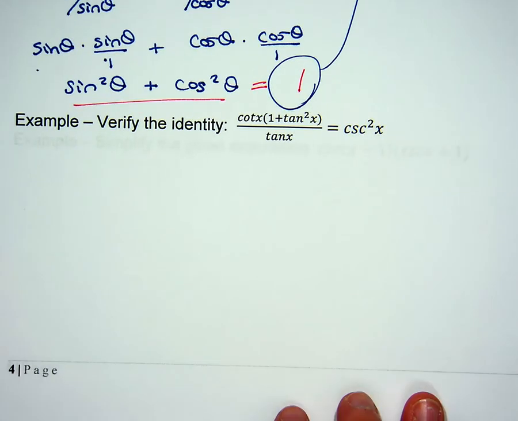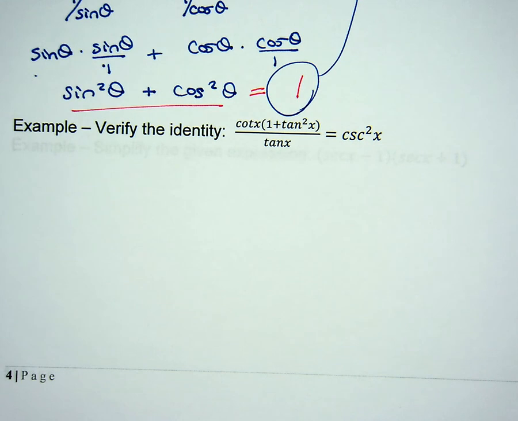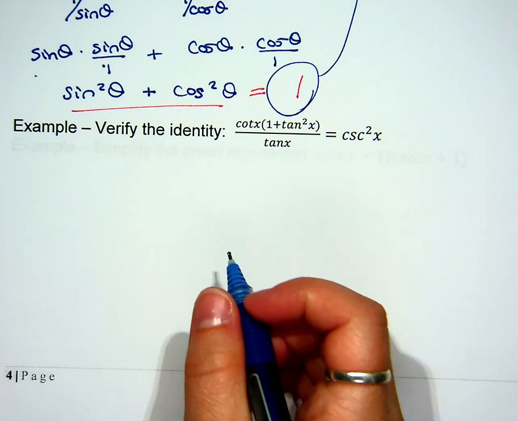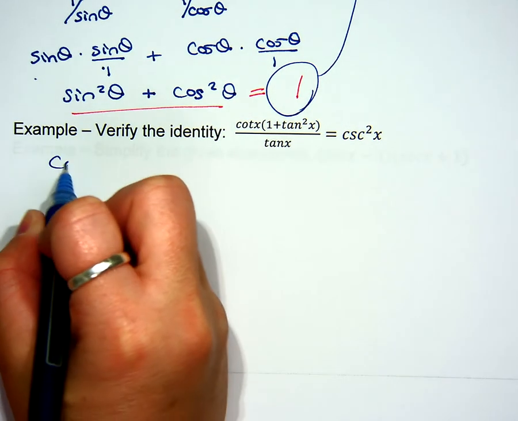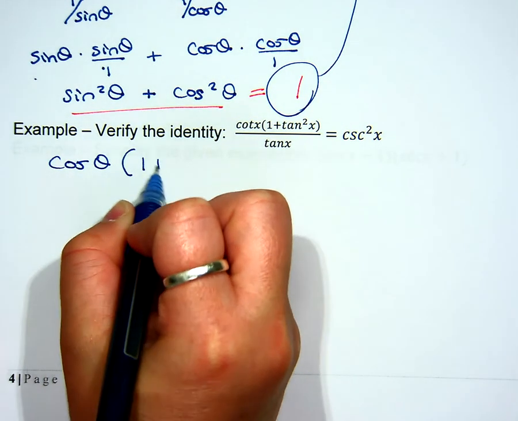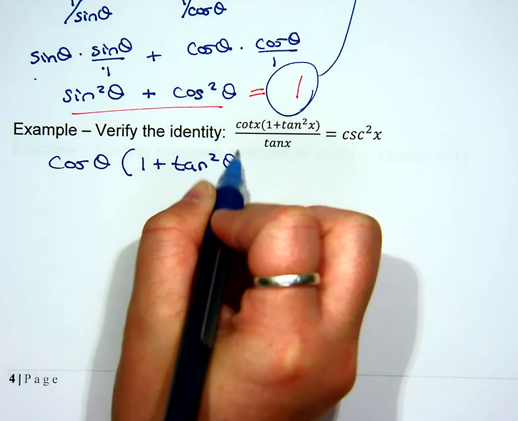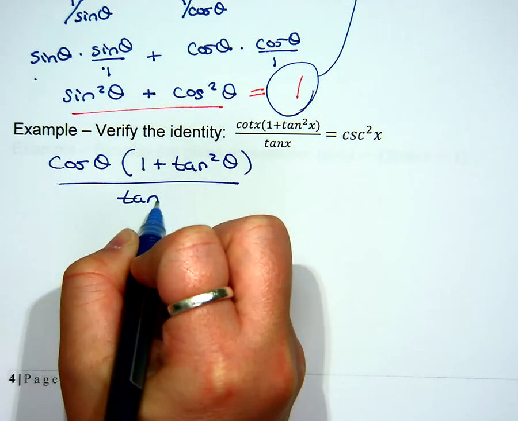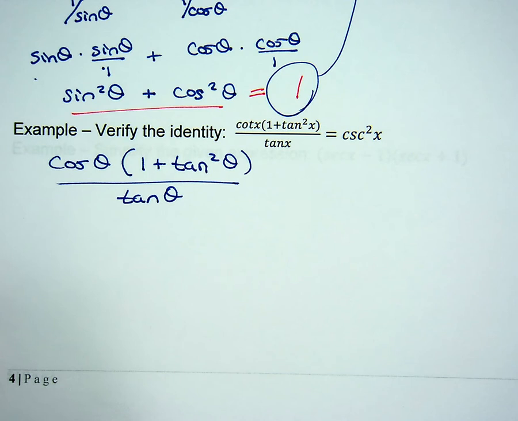Let's do another one. Here we want to verify the identity. So we're going to start with cosine theta, 1 plus tangent squared theta over tangent. Okay, 1. Oh, there's a 1.